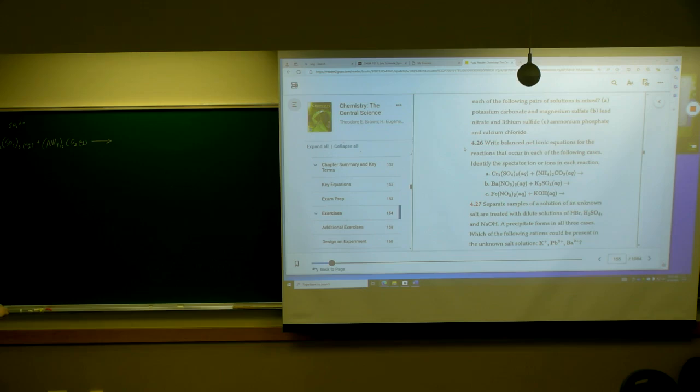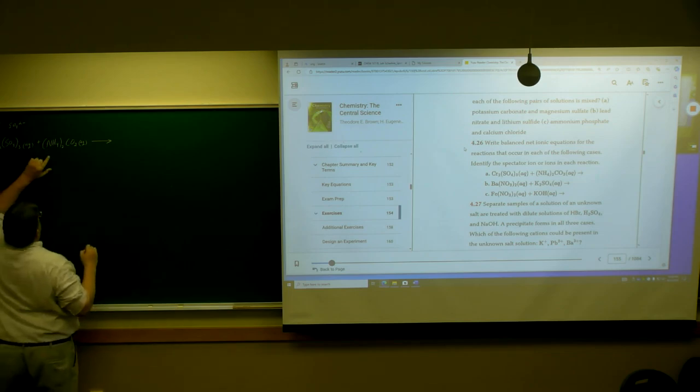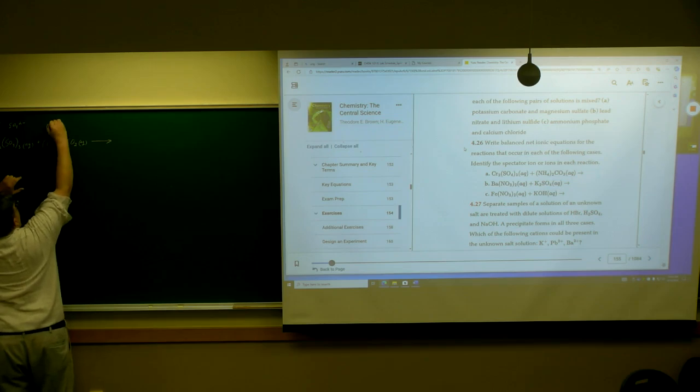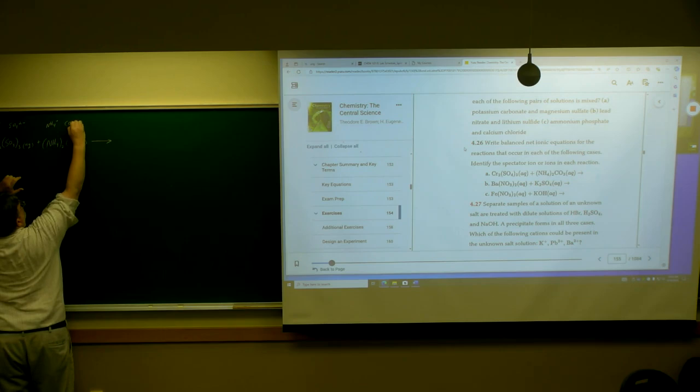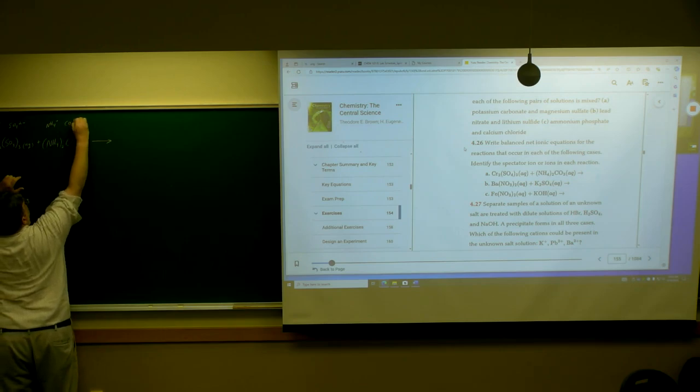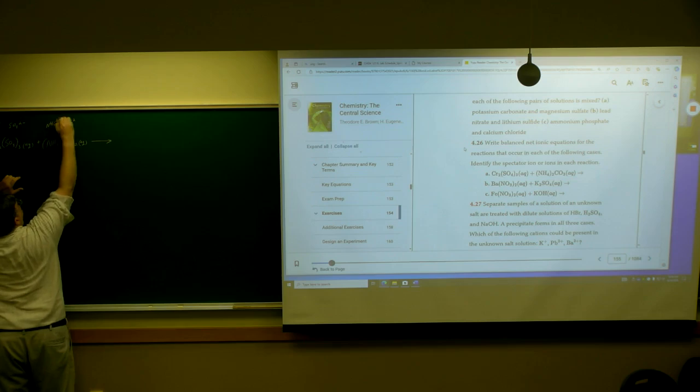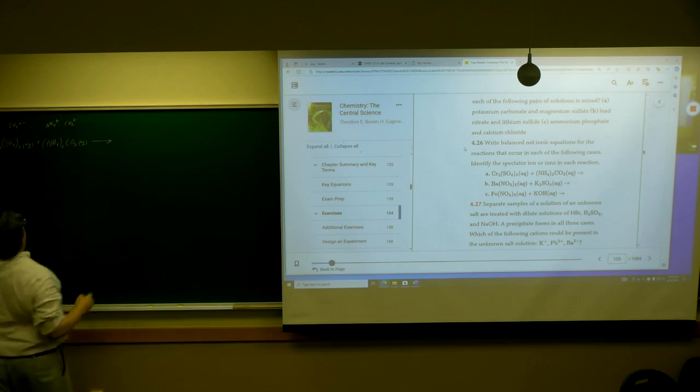So what's the charge on chromium here? You have to infer that from what you're looking at. 3. Yep. So Cr is 3 plus. NH4 is 1 plus, there's 2 of them. CO3 is 2 negative.